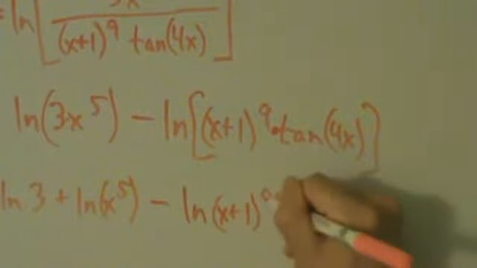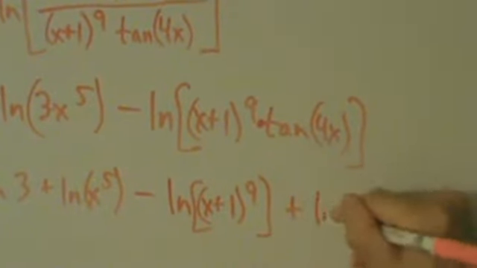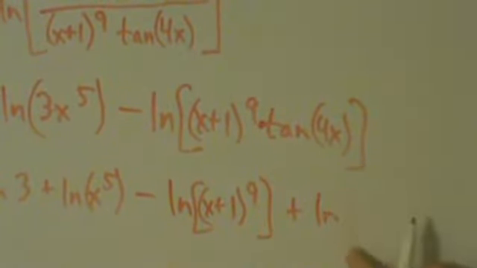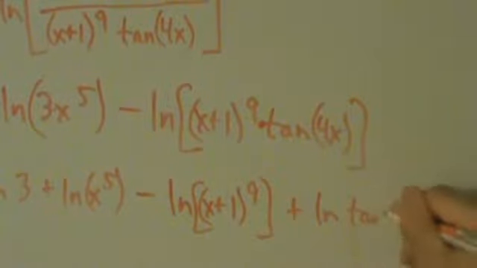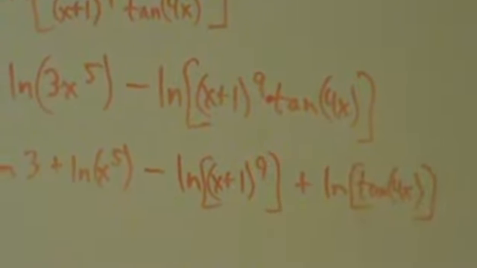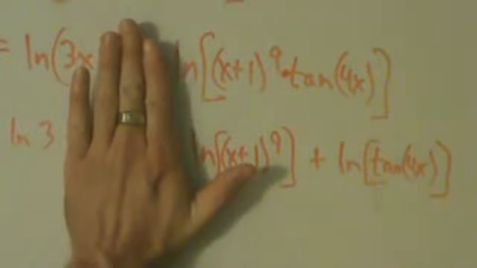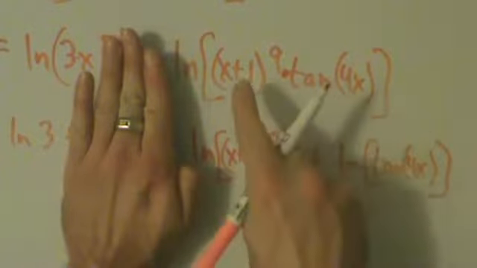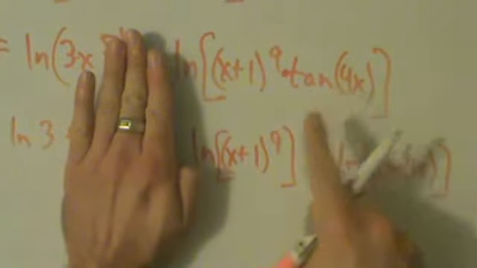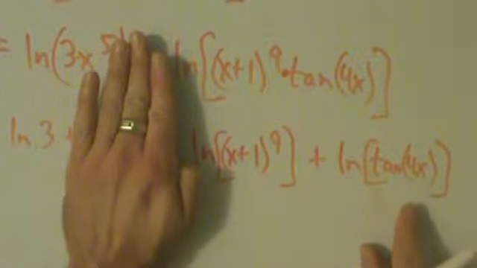So (x plus 1) to the 9th, and then we'll do this here, and then plus natural log of tangent of 4x. Okay? Now we want to be very, very careful here. Natural log of (x plus 1) to the 9th times tangent of 4x equals natural log of (x plus 1) to the 9th plus natural log of tangent of 4x.